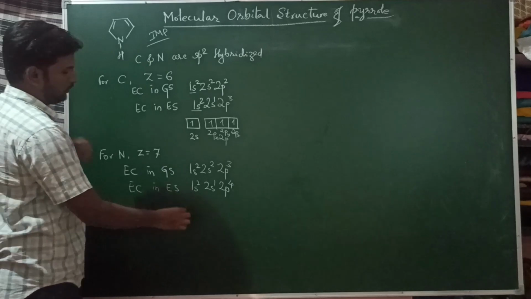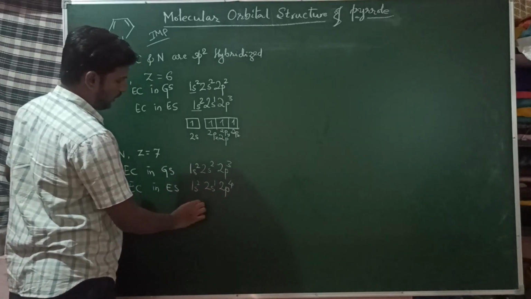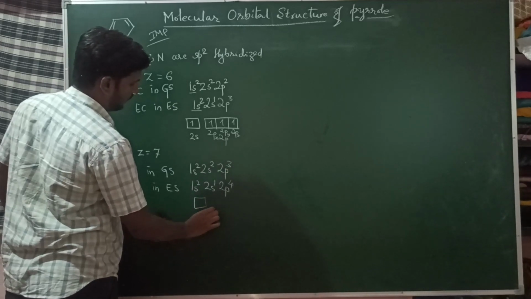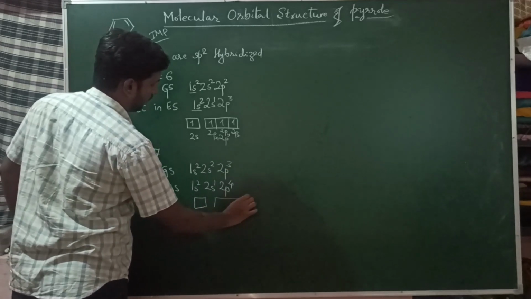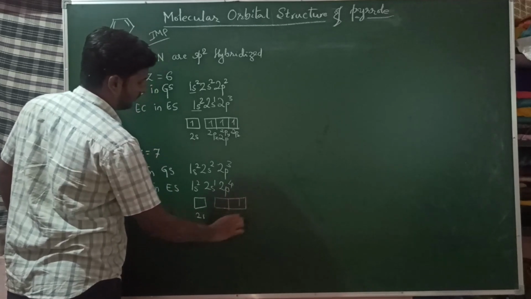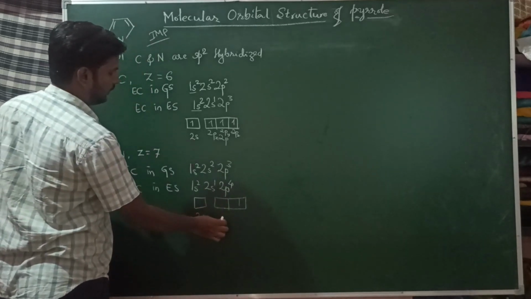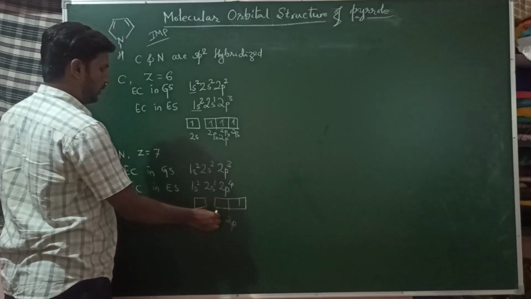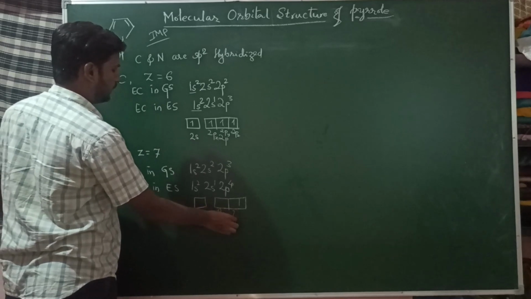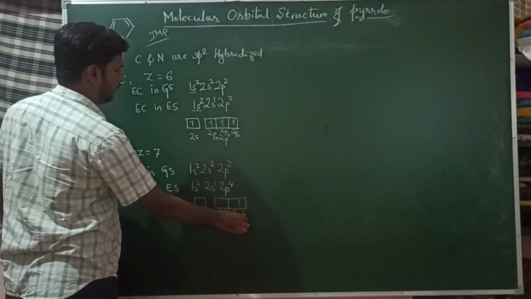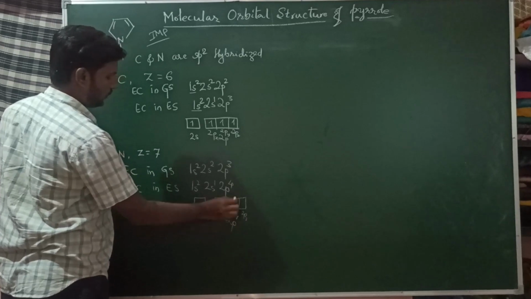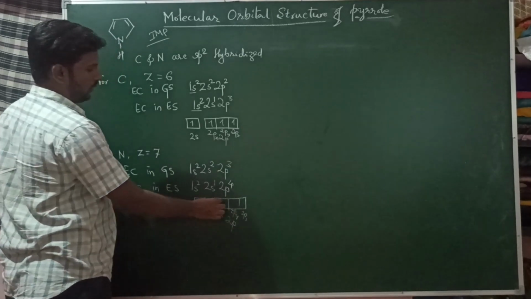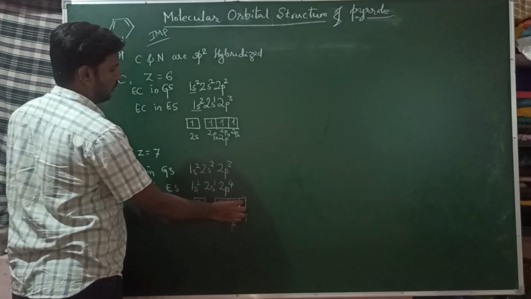If we put the boxes for the 2s and 2p orbitals, this is 2s, and this is 2p: 2px, 2py, and 2pz.